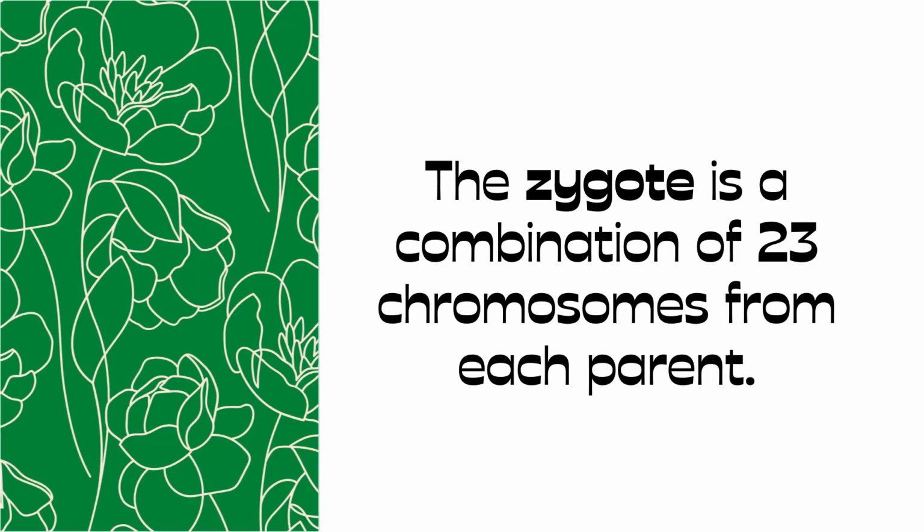The zygote is a combination of 23 chromosomes from each parent. These chromosomes contain genes that specifically carry characteristics of an individual.